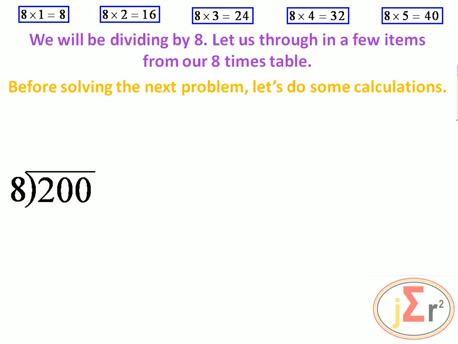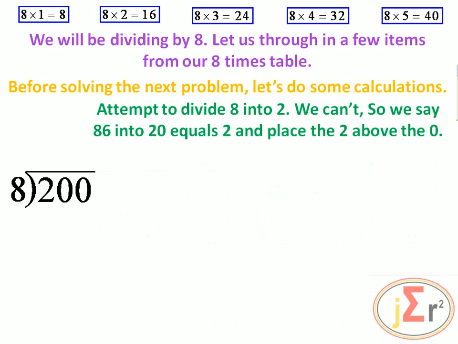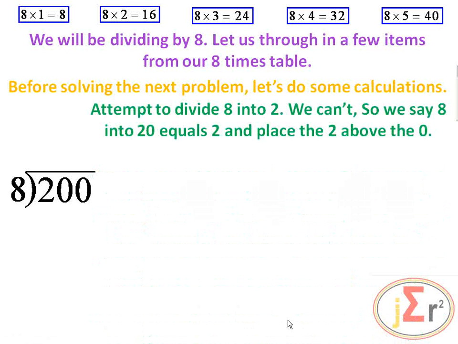I can't. 8 into 20. 2 times. Okay. So attempt to divide 8 into 2. We can't. So we say 8 into 20 equals 2 and place the 2 above the 0.